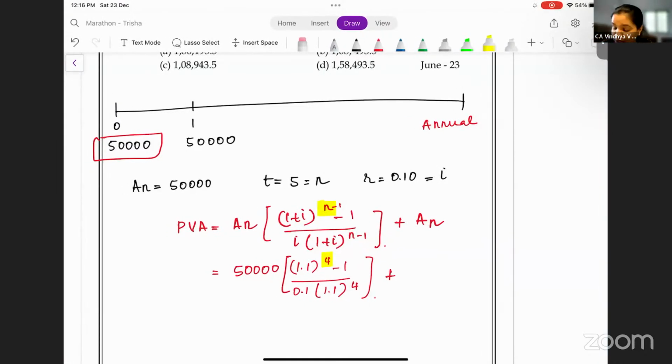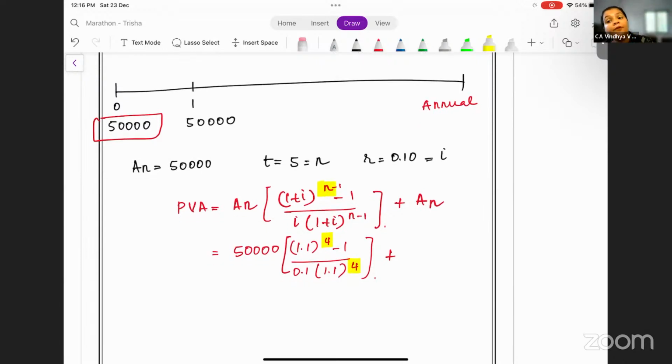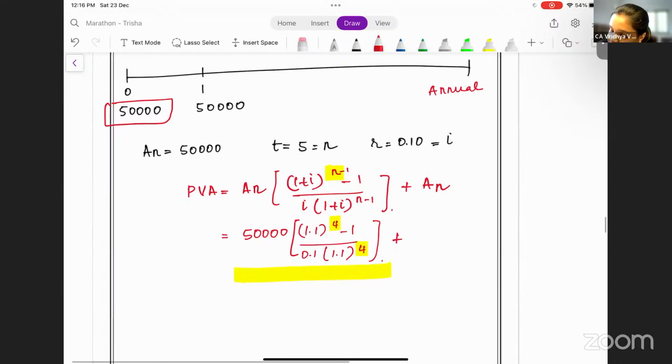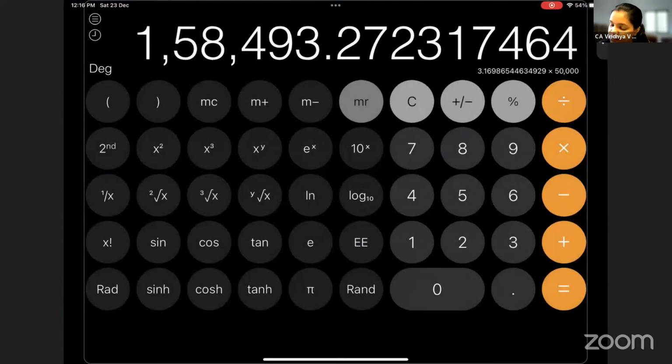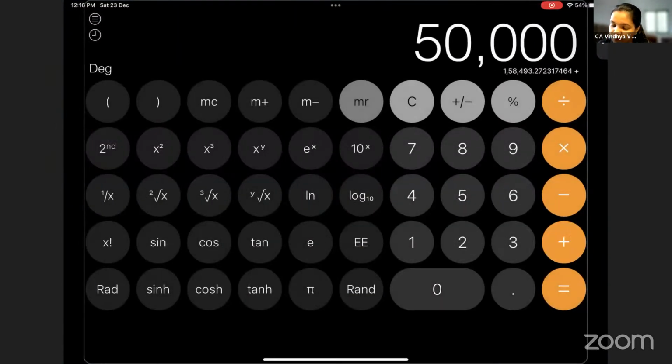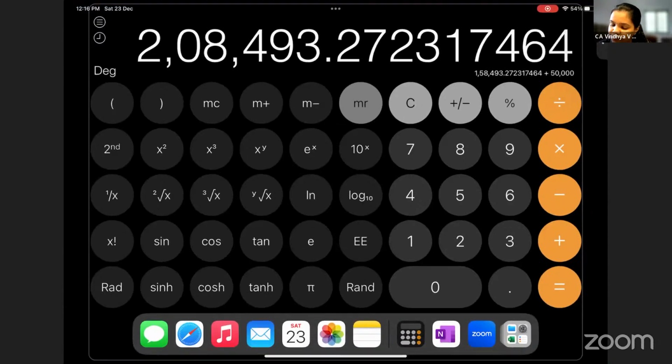We are minusing 1 because the first value is already at its present value. So that will not be calculated and that will not be considered here in this particular form. So plus annuity, which is 50,000. The final answer is 2,08,000.